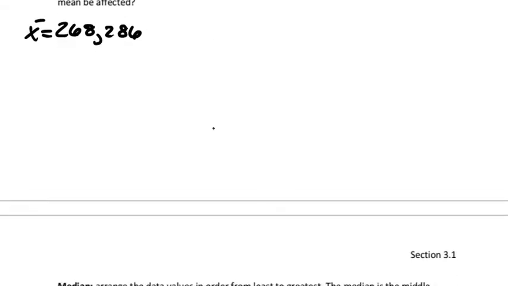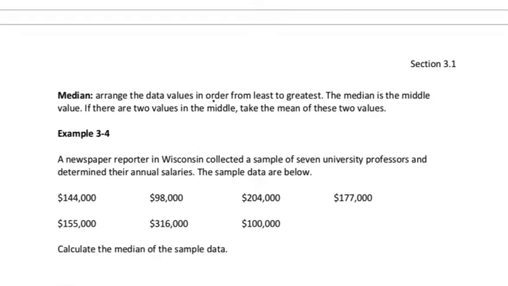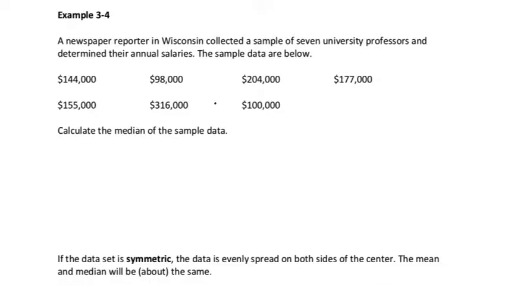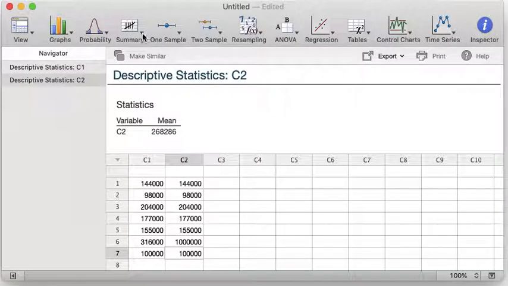So we're going to talk about a second measure of center called the median. To calculate the median, we arrange data values in order from least to greatest. The median is the middle value. Or if there are 2 values in the middle, then we take the mean of these 2 values. So using our same data set, we can also calculate the median using Minitab.